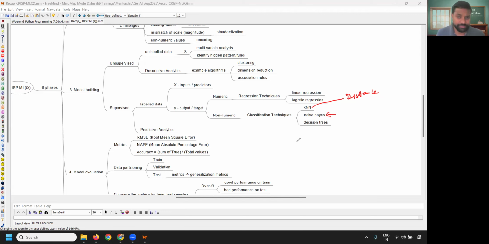Bayesian classifier, Naive Bayes or Bayes theorem. What is Bayes theorem? It's totally probability based. Yes, Naive Bayes is a probability based concept.